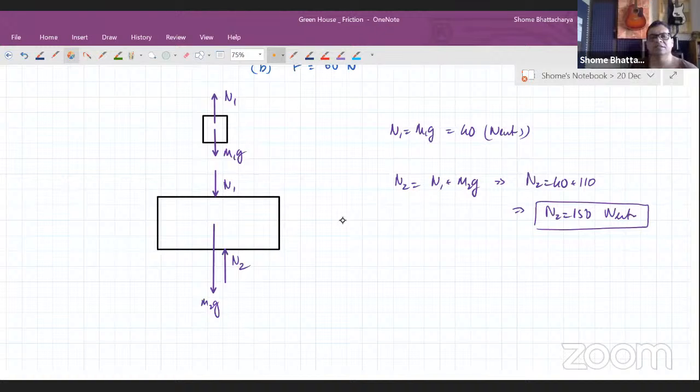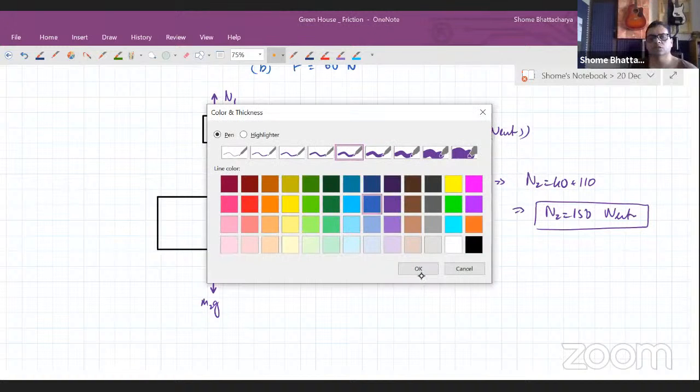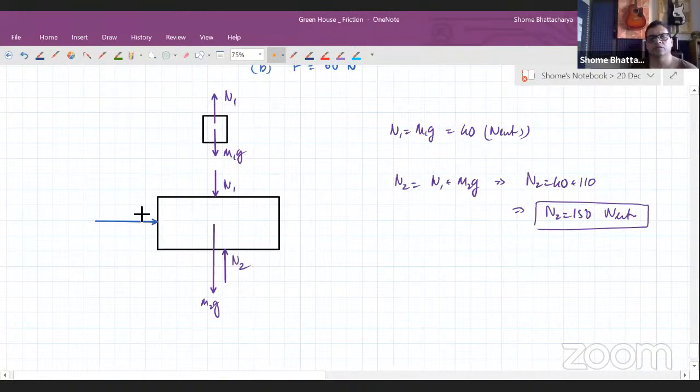So when we apply this external force, okay, if it is comparatively less, then friction will be able to handle it, because static friction will be successful to prevent slipping by balancing this. Okay. So you can see that, let's not write this as static friction yet.